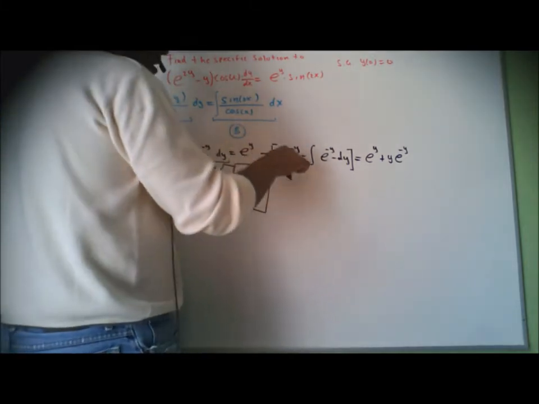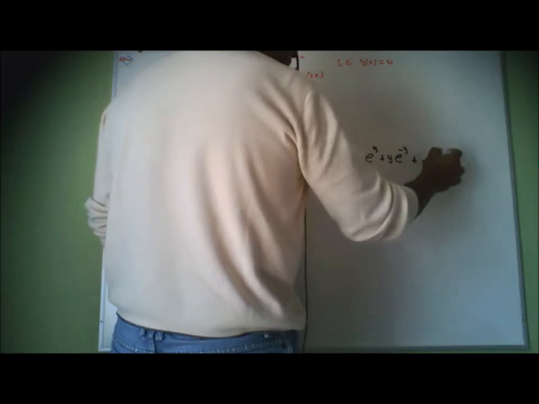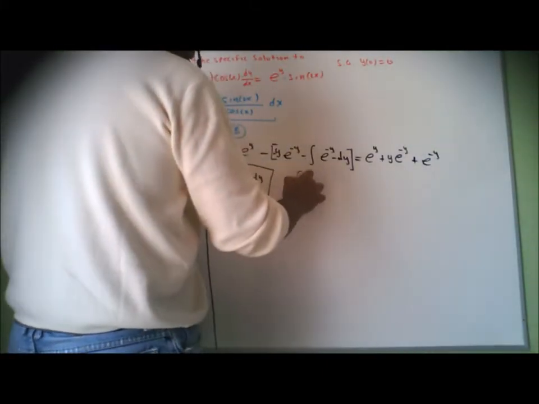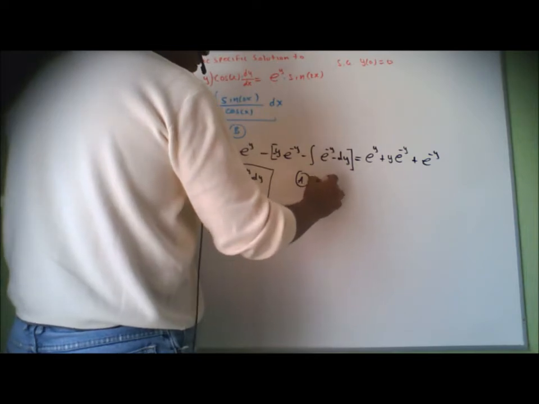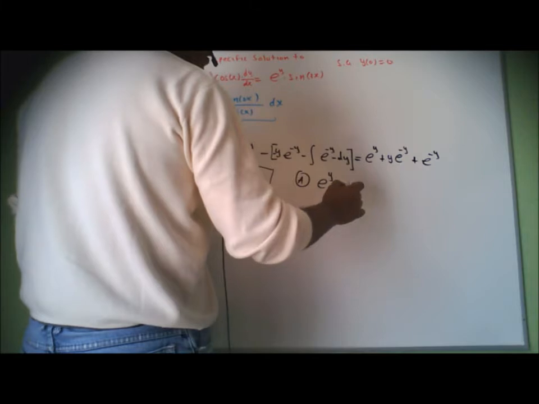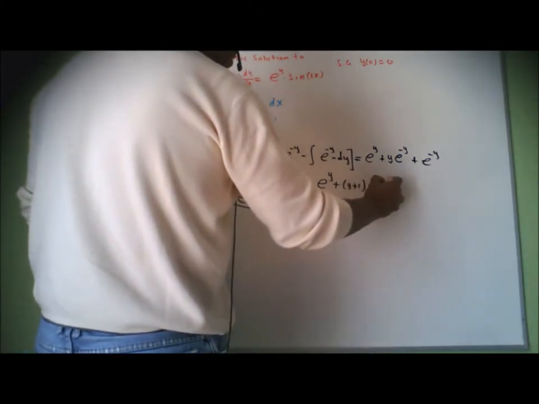So minus times minus positive, plus exponential of minus y. So the A part of the integral is just going to be exponential of y plus, factorizing the exponential of minus y, y plus 1 times exponential of minus y.